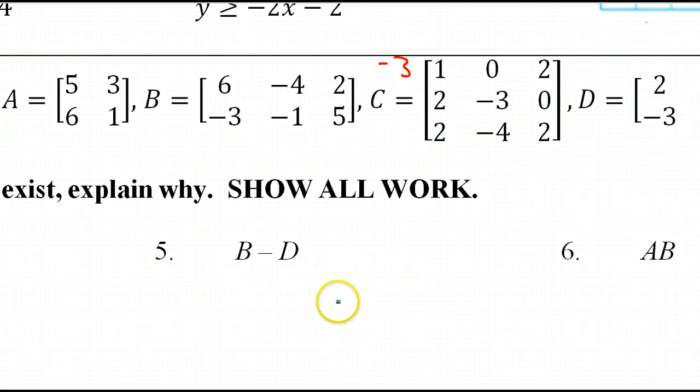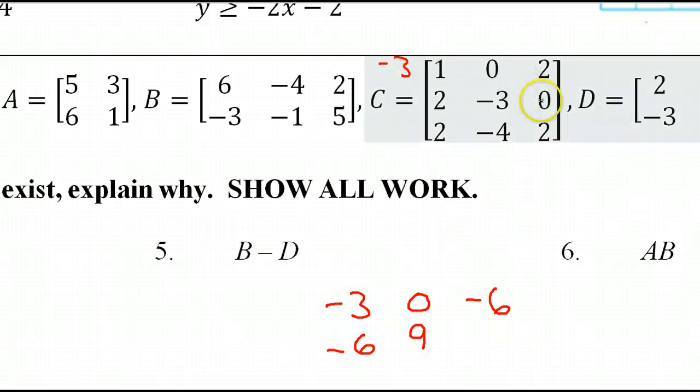Okay, so of course that's going to give us -3 and 0 and -6 and -6 again and +9 and 0 and -6 again and +12 and -6 again.